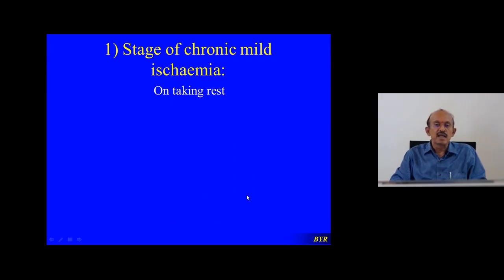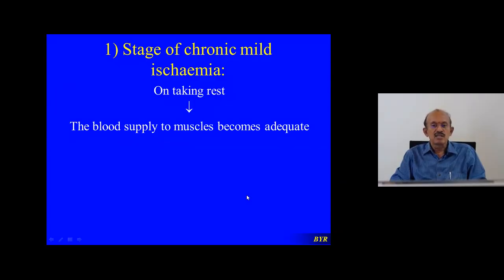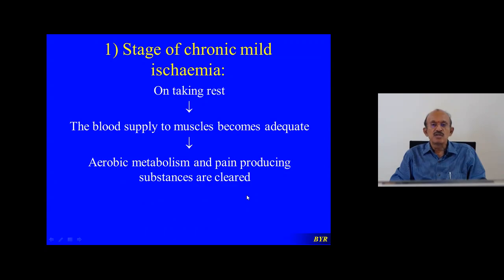Whenever pain is there, the person will first limp for some time, and afterwards he will be forced to stop walking. Then he takes rest. On taking rest, the blood supply to the muscles becomes adequate. Then muscles again resume aerobic metabolism and the pain-producing substances are cleared.